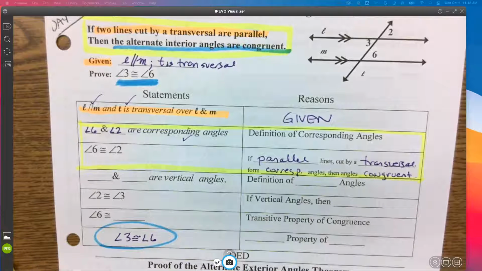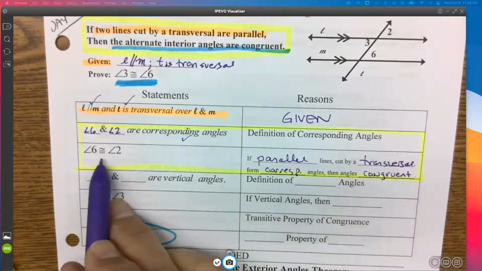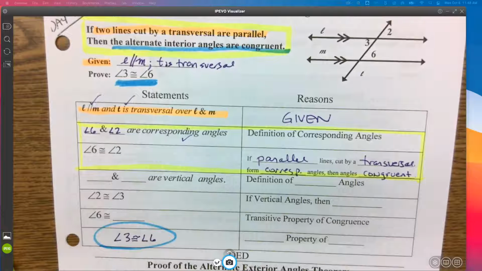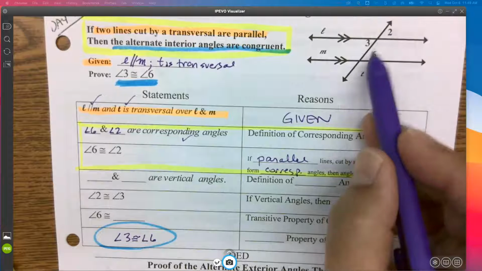It says if you have P implies Q, if P is true, what must be true? Q must be true. So if we know it must be congruent, then we can claim that angle 6 is congruent to angle 2. That gave us something. We've now got the North Shore and the South Shore tied together.